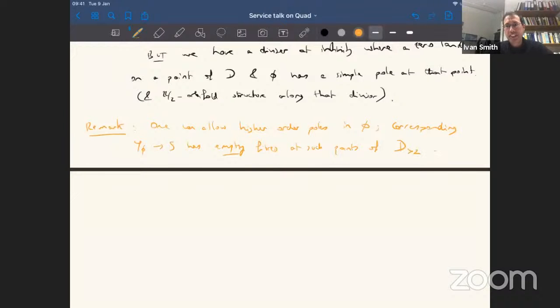Right. But if, for instance, I allow poles of higher order, it's perfectly fine for me to take differentials on P1 with 1 high order pole at infinity and no other poles at all. And some large number of zeros, and those correspond to the type A cases. Those lead to the well-known CY3 categories.